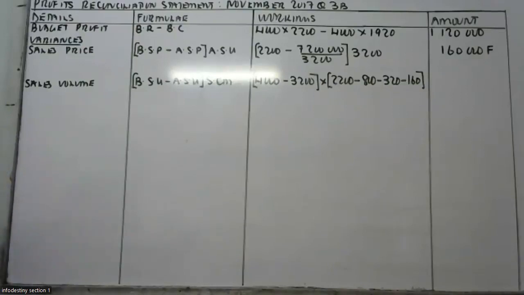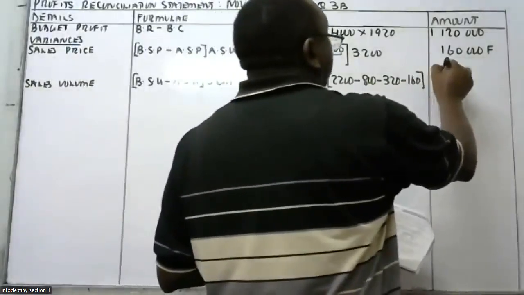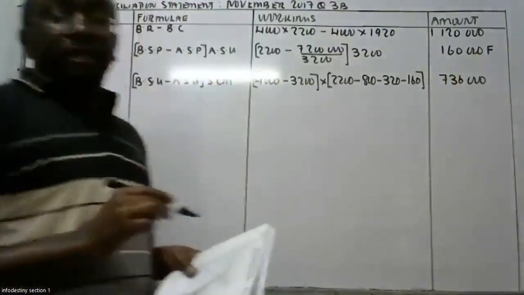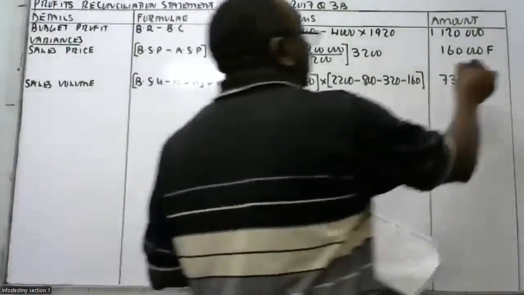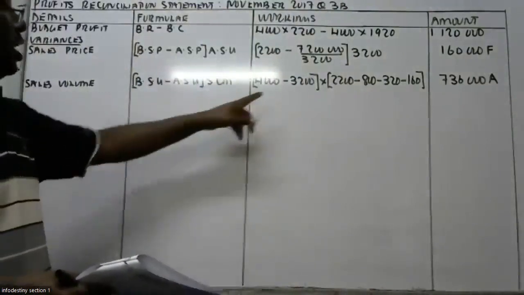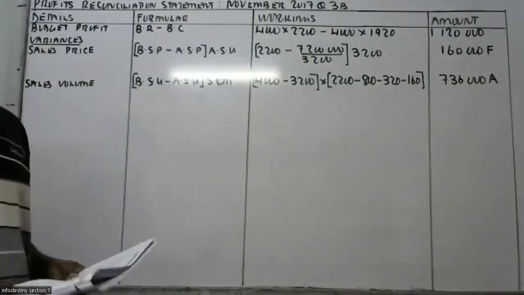If I multiply by 800, I record 736,000. Now this 736,000 is adverse because my actual sales was lower than the budget sales.